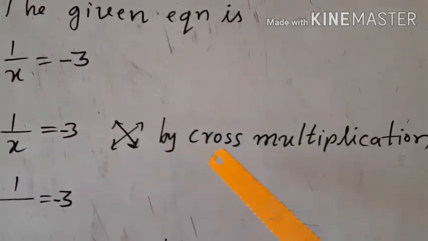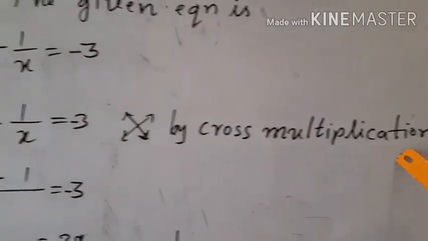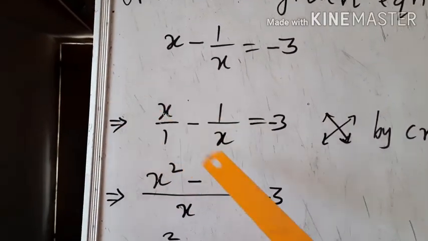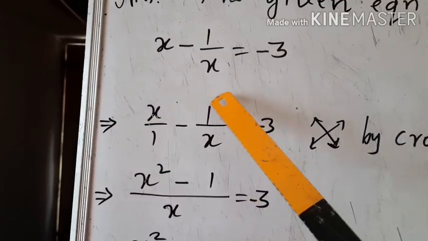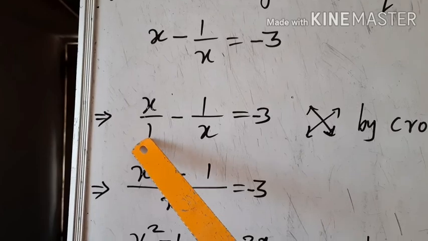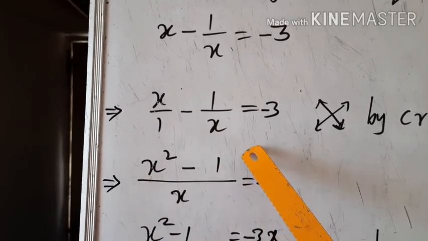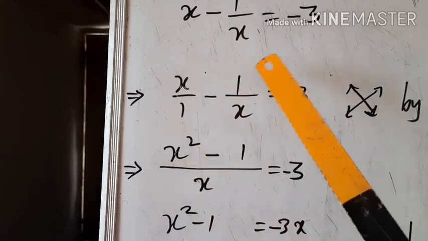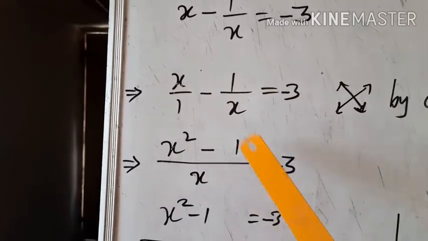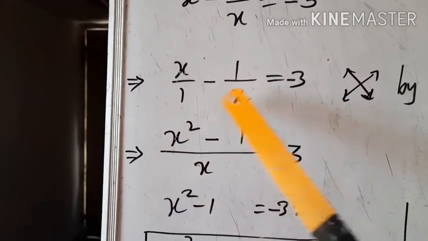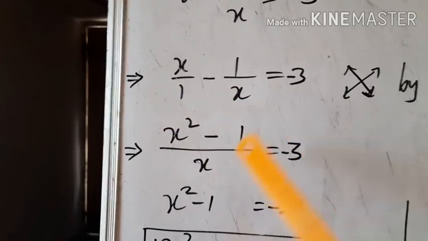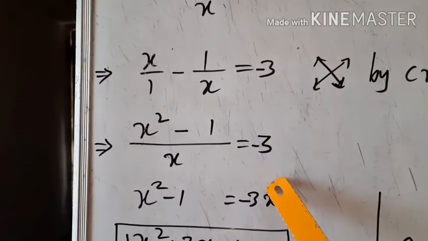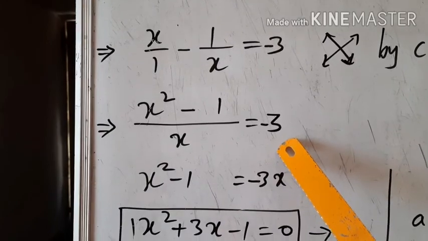By cross multiplication we have numerator into denominator minus numerator into denominator, upon denominator into denominator. So x into x is x square, then 1 into 1 is 1, and 1 into x is 1x, is equal to minus 3. This is by the cross multiplication method.